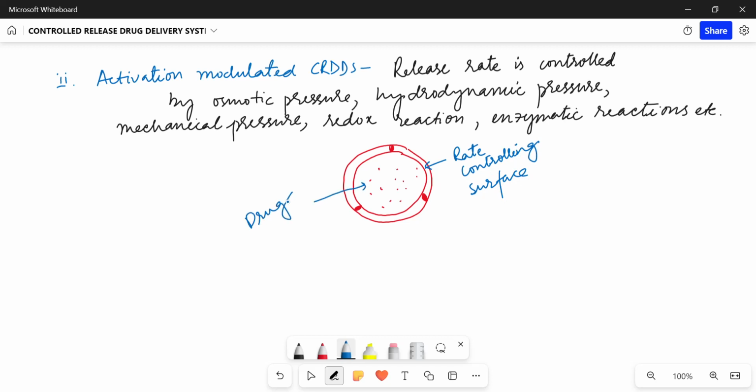Drug reservoir. This is the energy sensor. So, release rate is controlled by osmotic pressure, hydrodynamic pressure, mechanical pressure, redox reaction, enzymatic reactions. When these type of reactions occur, energy sensor gets activated and causes the release of drug through the rate controlling surface. Okay.